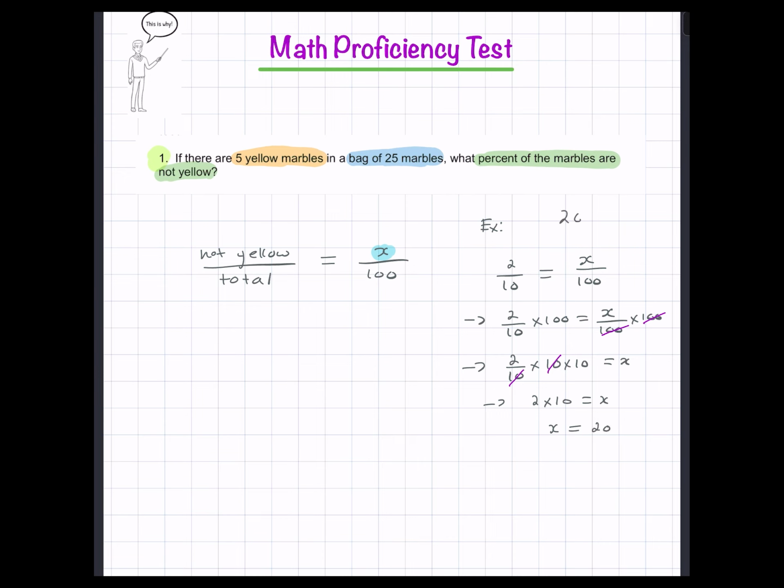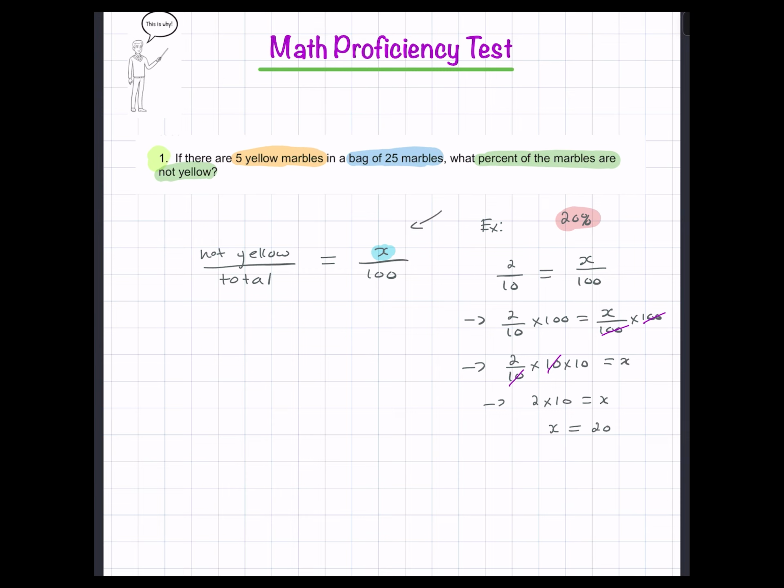And in this case, I would have 20% of them not yellow. That's generally the idea: having 2 out of every 10 being not yellow is the same as having 20 out of every 100, so that's 20%.